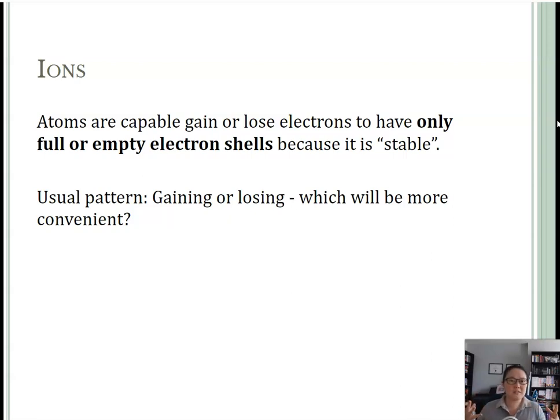However, the closer it is to 8, which is sort of a magic number when it comes to these atoms, then it'll gain enough electrons to have 8 electrons in that valence shell instead. So for example, something like oxygen, which has 6 valence electrons, is going to gain 2 more to have a -2 charged ion, rather than losing 6 and having a 6+ ion instead.